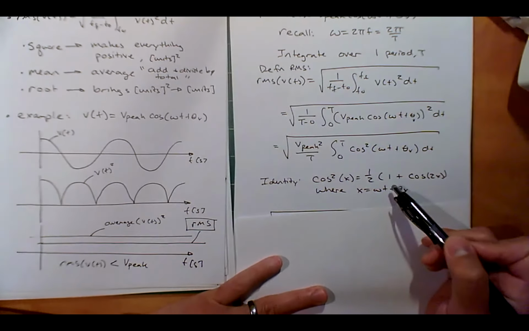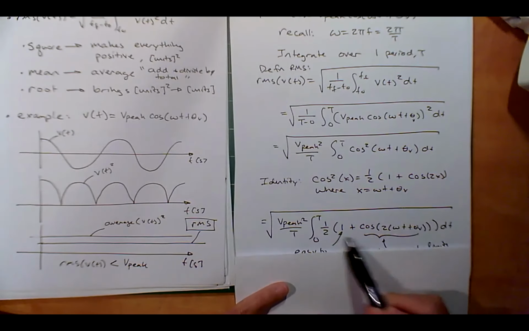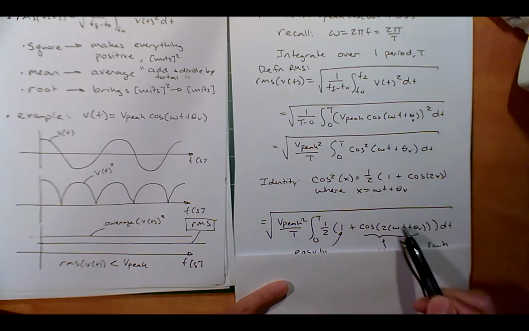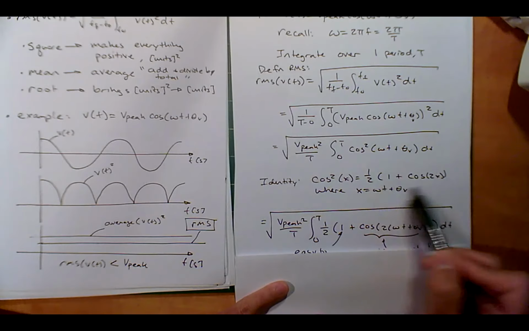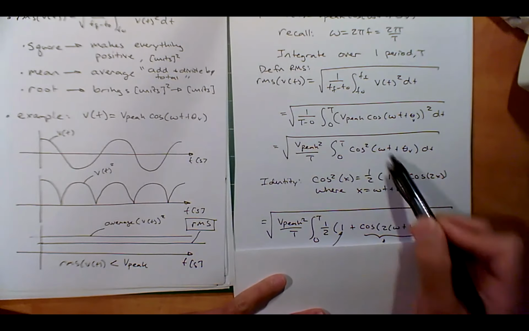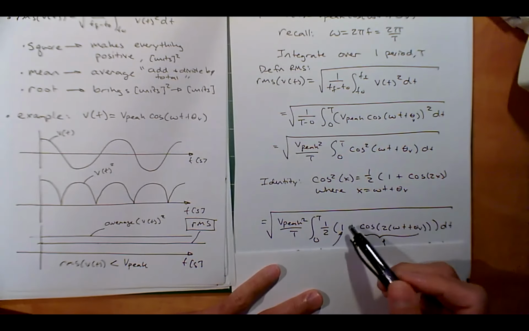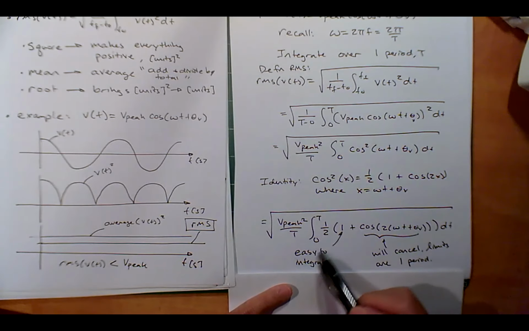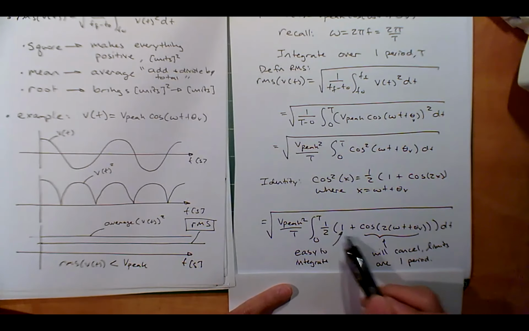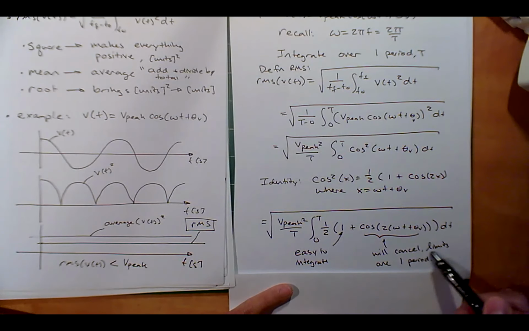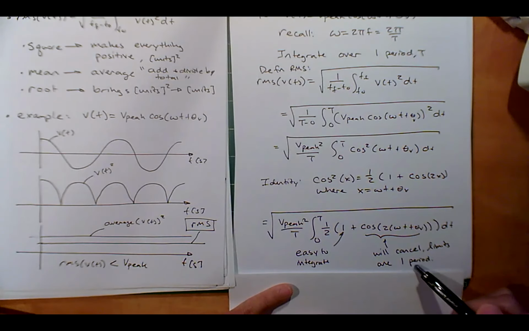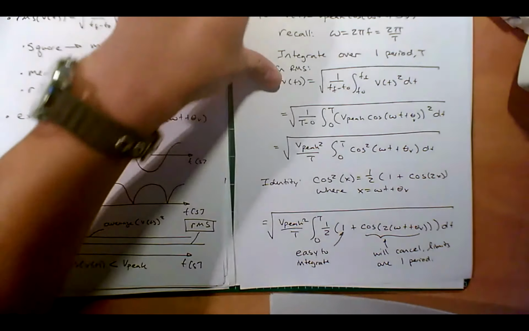I plug that in, replacing cosine squared with this, because it's easier to integrate than the cosine squared. We have the 1, which is very easy to integrate, and over here the cosine term will cancel because the limits are one period. Okay, let's keep going.